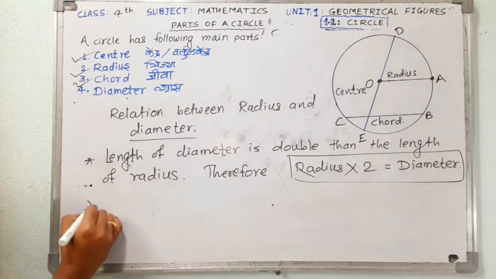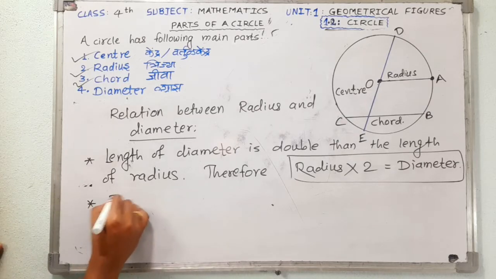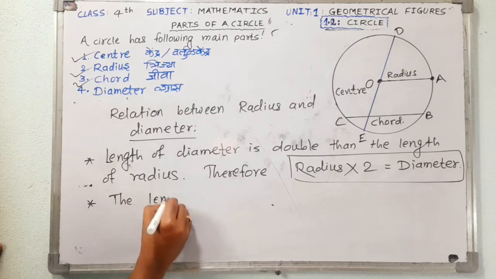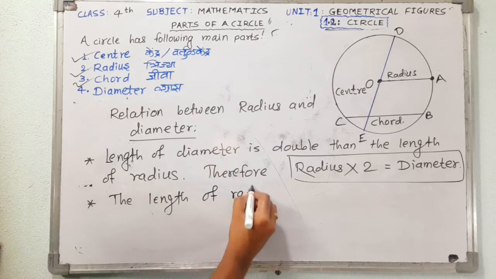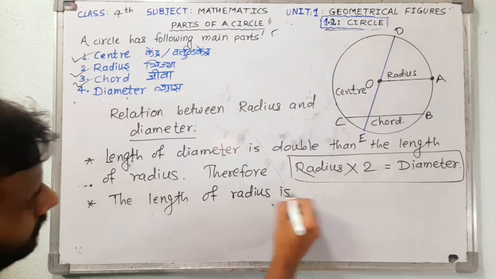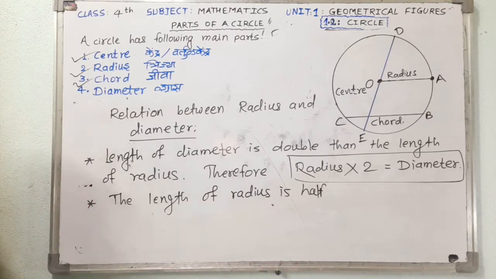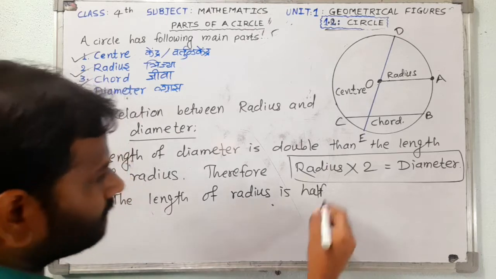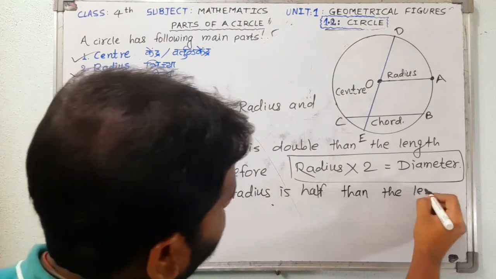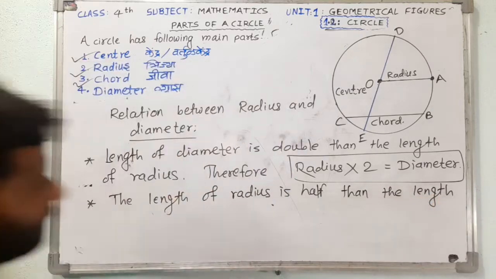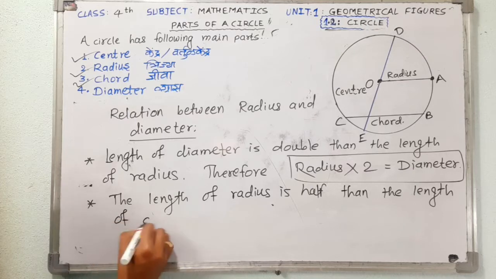Second statement, can we say it like this? The length of radius, now what can we say in the opposite way? The length of the radius is half the length of the diameter.